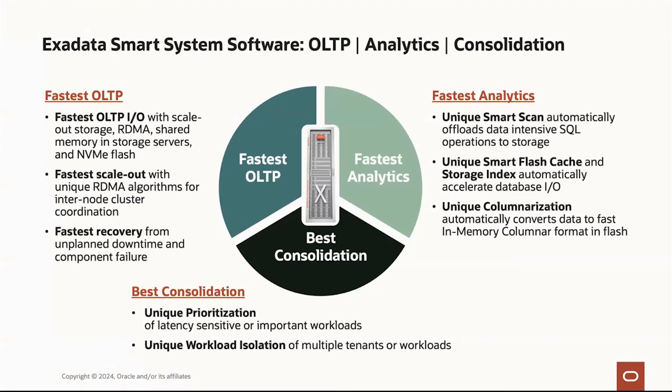Data filtering and processing occur immediately and also in parallel across all storage servers. So only the rows and columns that are going to be directly relevant to a query are sent to the database servers. As a result, this will speed up analytic queries, eliminate bottlenecks, and also significantly reduce the CPU usage of the database servers.